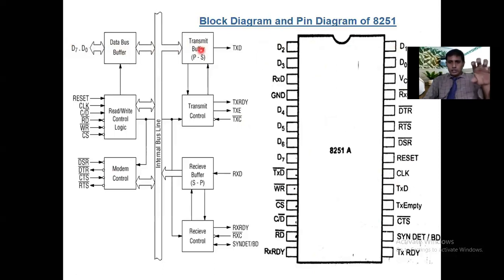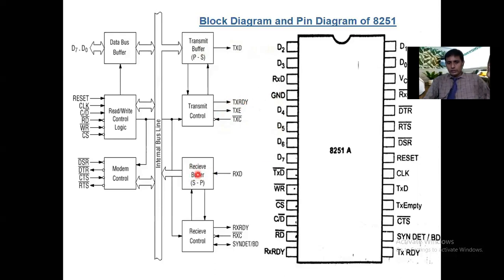Then the data is transmitted to the output register. In the output register, that particular data is converted into serial data, and later that serial data is transmitted to the external serial port device via TXD. The rate of transmission is controlled by the TXC bar pin. TXE just gives information to the external serial port device that the transmitter is empty, whether it's ready or not.